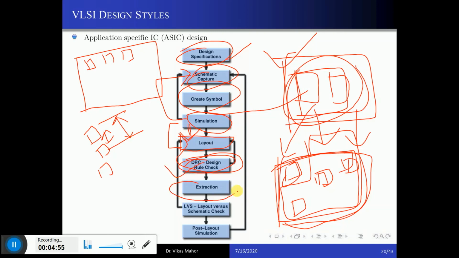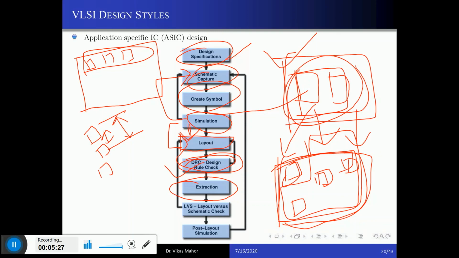Then we do the extraction. What is extraction? We do the RC, resistance and capacitance extraction. What happens? There are n number of circuits in an IC, and due to n number of circuits there is some load resistance and load capacitance of wire also, of transistor also, and of connection also. I am repeating, there are load capacitance and load resistance of what? Of transistors, of circuits, of interconnections between the transistors.